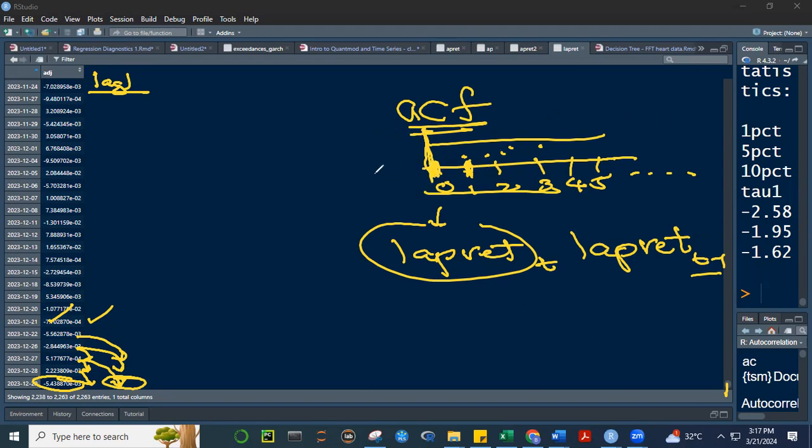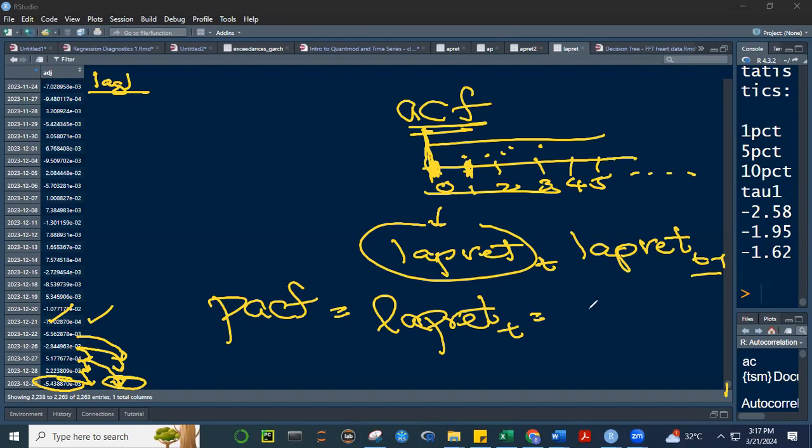So that's your ACF. On the other hand, your PACF is this one. You will regress your LAP-RET at time t. So you have a certain constant, let's say B sub 0, plus B sub 1 times LAP-RET at t minus 1. So you're using lag 1 to explain your original data series, your LAP-RET.